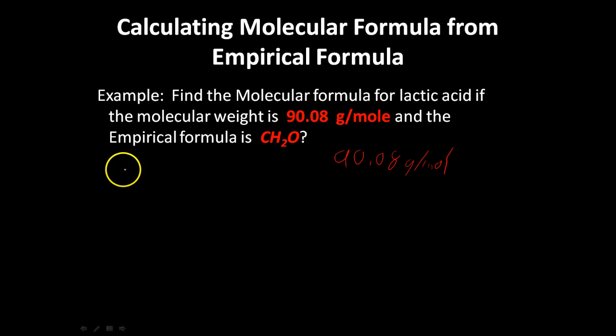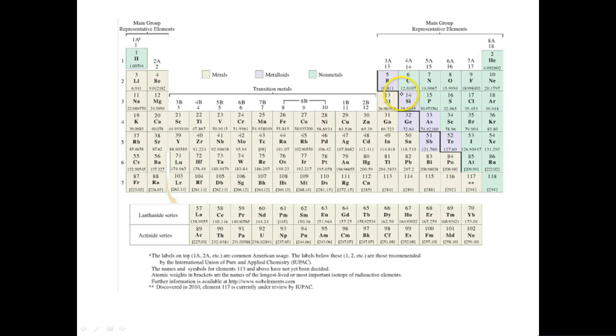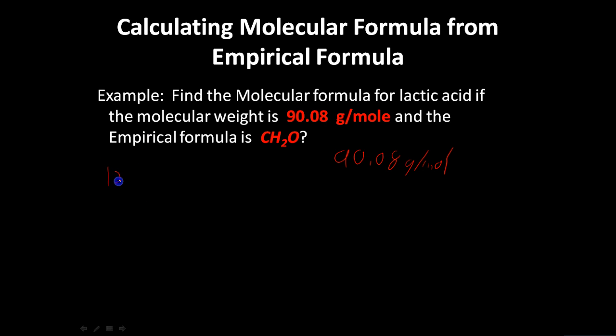Going back to the periodic table, we see that carbon's 12.01. Check your periodic table if you don't believe me. Hydrogen's 1.01 to 2 decimal places. Oxygen is 16.00. But we have 2 hydrogens, so we need to multiply that by 2.